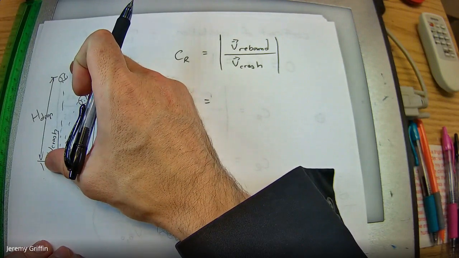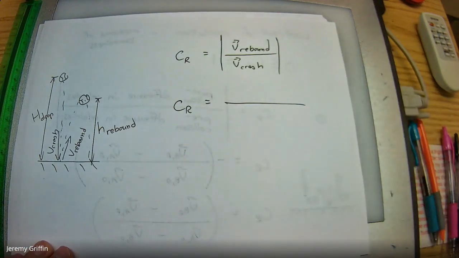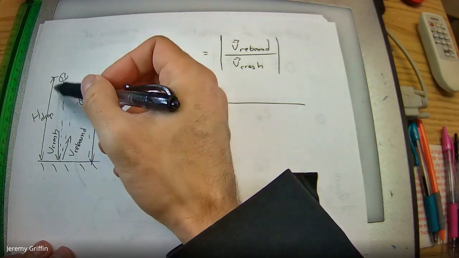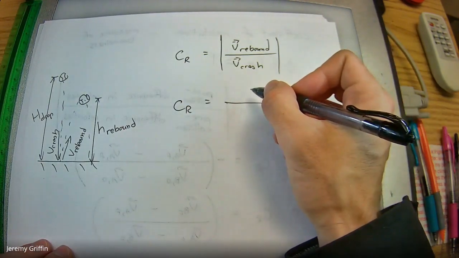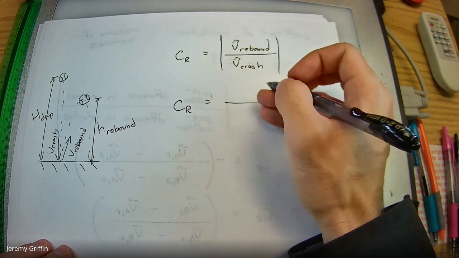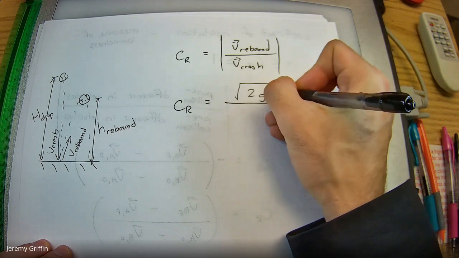You guys have an expression for this. Isn't that the Galileo question? Galileo drops a ball off some tower, how fast is it crashing into the ground? Who remembers the expression for crash speed? Square root of 2gH. Yeah, this is one of those things that keeps recurring in this class.